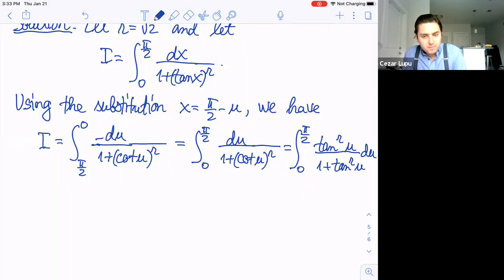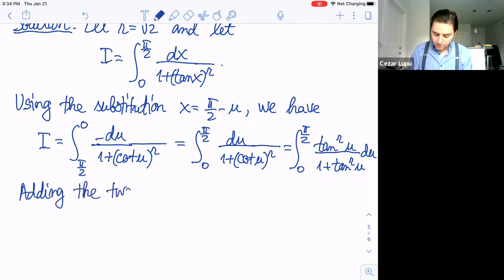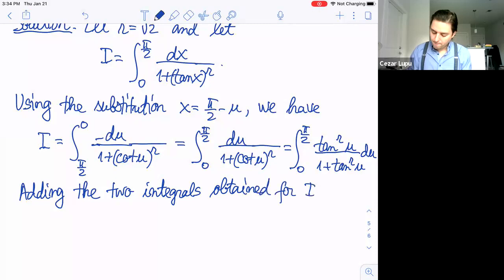But if you add them, let's see what we get: adding up the two expressions for I.